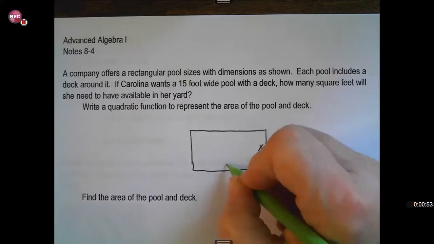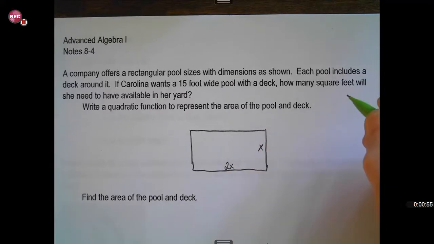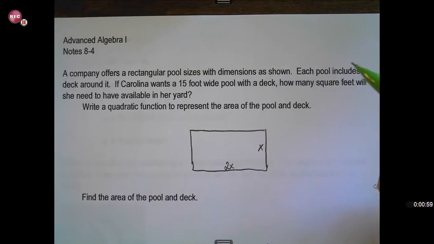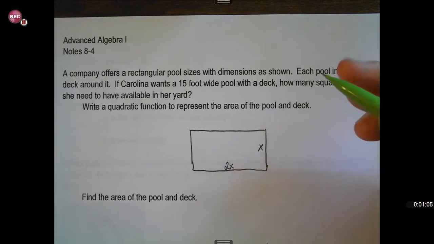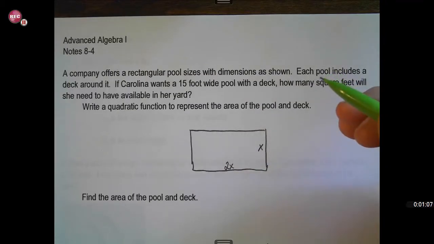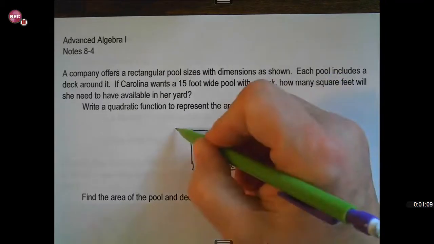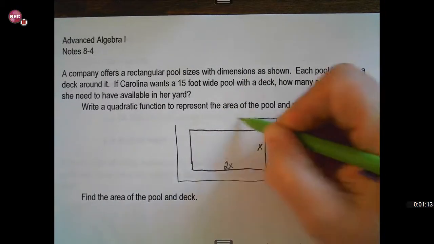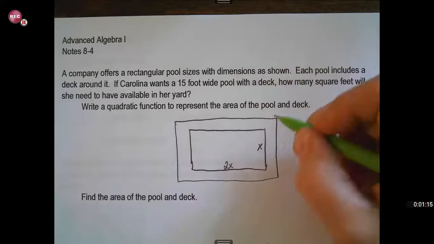This is x and this is 2x, and we want to have a 4-foot wide deck all the way around the pool.